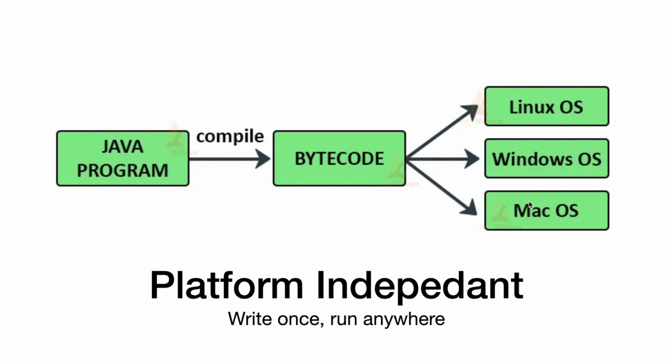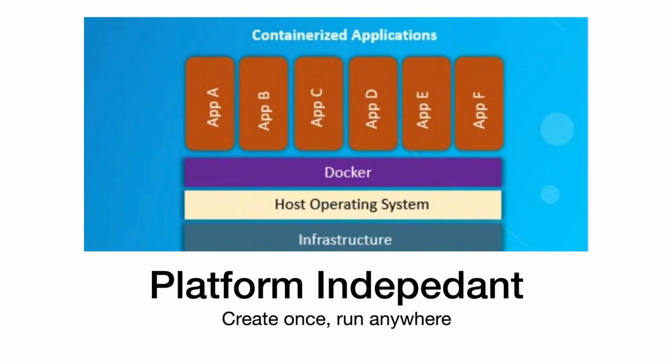Now on similar lines, we have a Docker daemon. When Docker daemon is installed, it will make sure that applications run the same way on multiple platforms. So if you look at this specific diagram, you have multiple containers, app A, app B, all these containers.